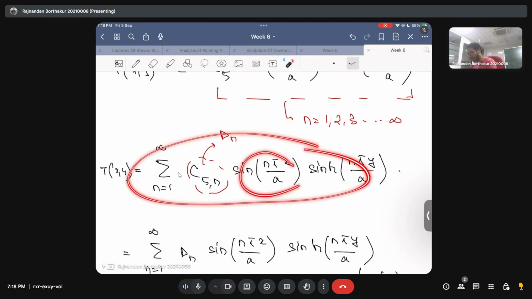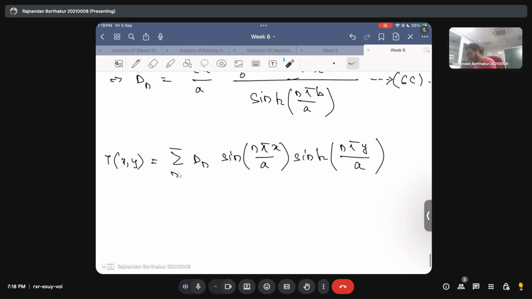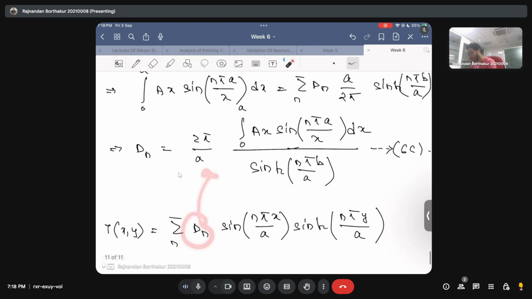It is sine n pi x by a, sine hyperbolic n pi y by a, and then the unknown dn is just the one that we just calculated.